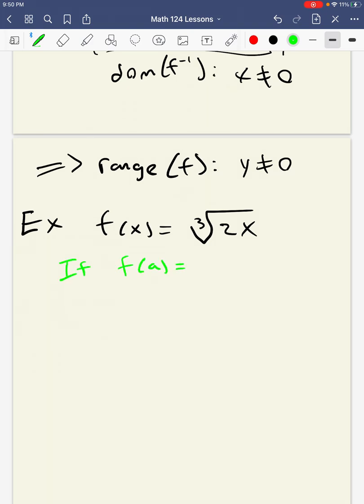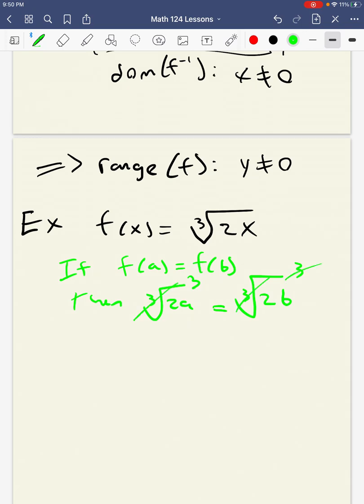If f of a equals f of b, then cubed root of 2a will equal cubed root 2b. You can cube both sides. 2a equals 2b, divide by 2, a equals b. So yep, this is 1 to 1.